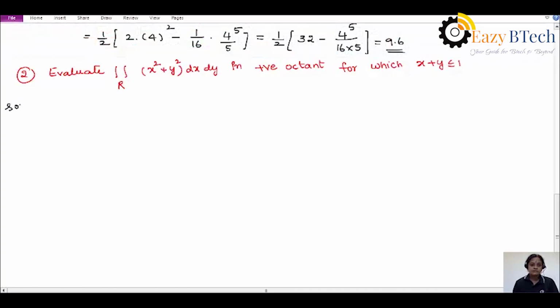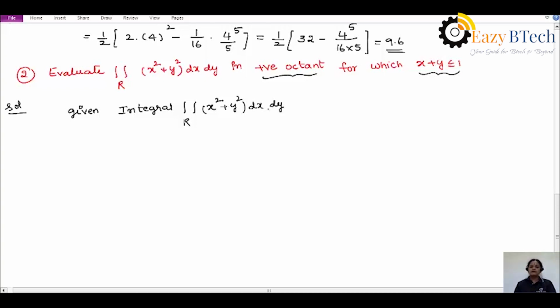Okay, the region was given here. The region was in the positive octant for which x plus y is less than or equal to 1. The given integral is x square plus y square dx dy, and the region is in the positive octant for which x plus y is less than or equal to 1 only.